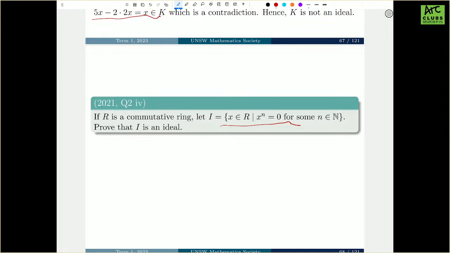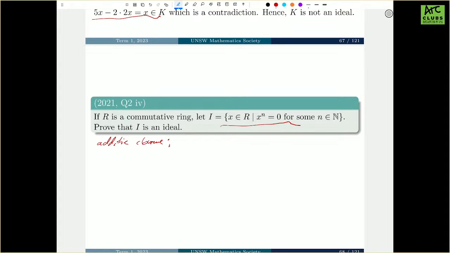Suffice to show, and I'll explain later, this is a neat property, we just need to show additive closure and the multiplicative closure, well, external multiplicative closure. So let's start with additive closure. Oh, I should add there's one more thing we need to show, which is that it's not empty.